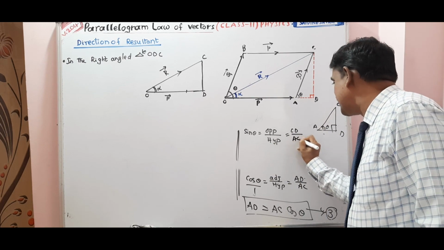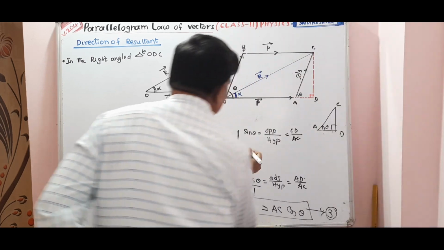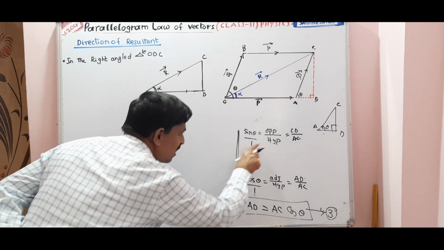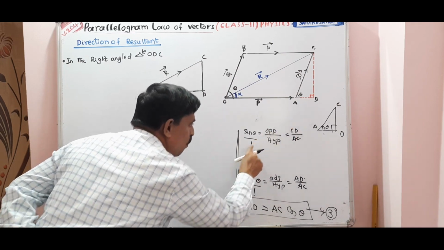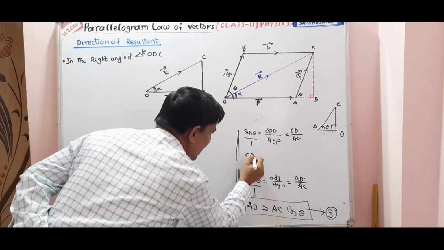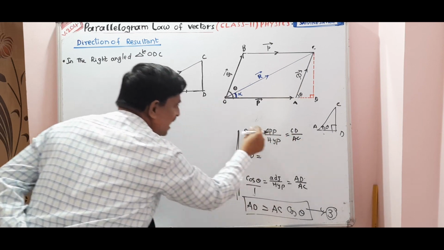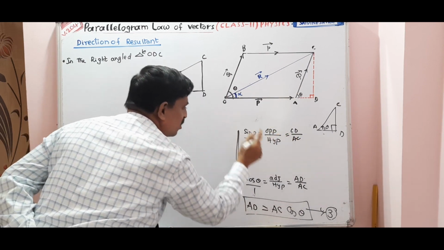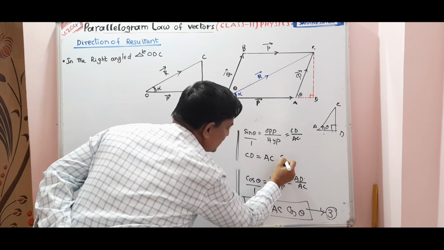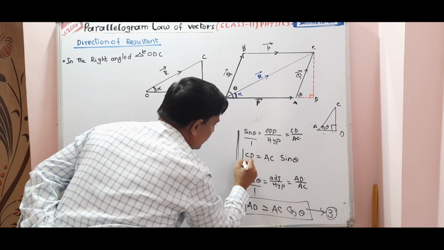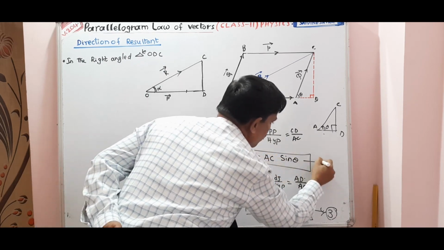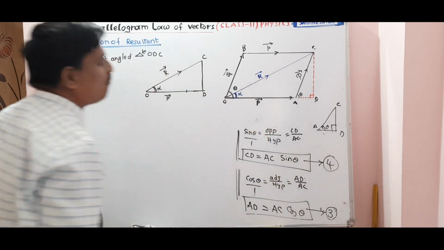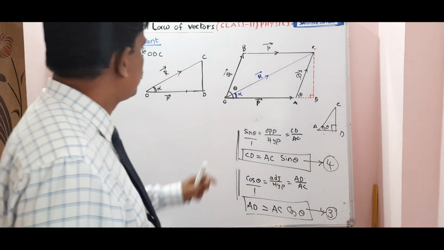On cross multiplication, CD is equal to AC into sin theta. This equation I am calling as equation number 4. Keep it in your mind.